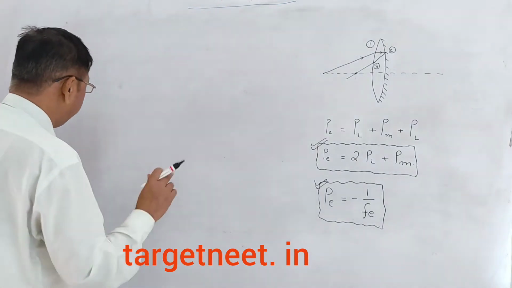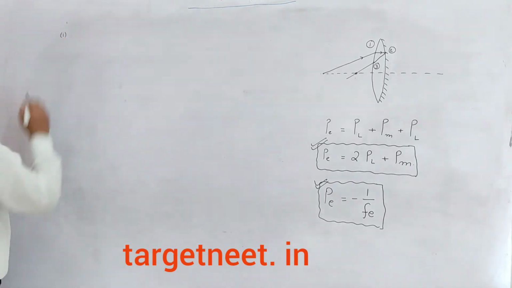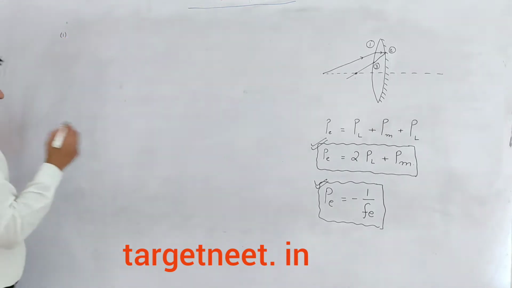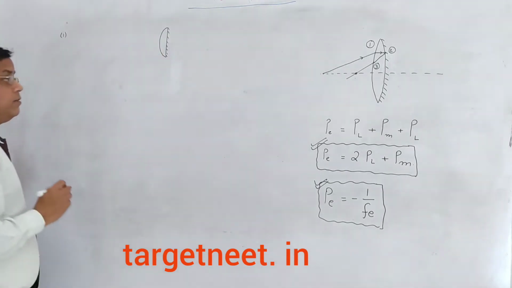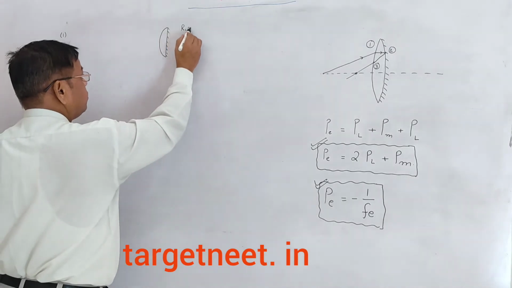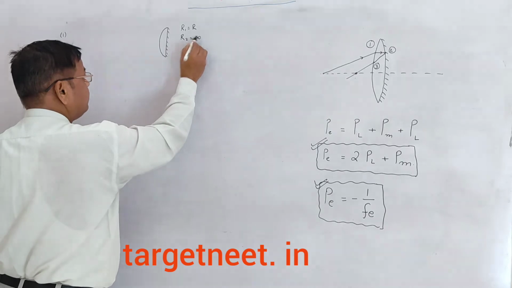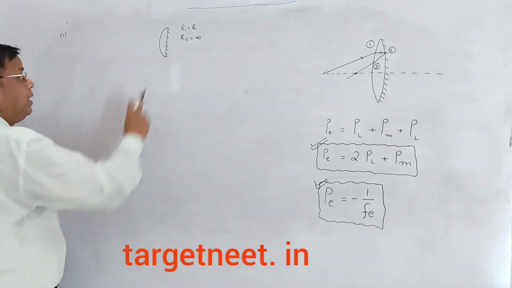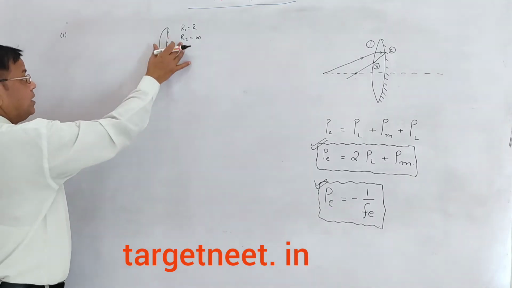Now if I want to find the effective focal length where one surface is silvered: the first surface radius R1 is equal to R, the second surface radius R2 is equal to infinity because it is plane, its refractive index is mu, and it is kept in air.